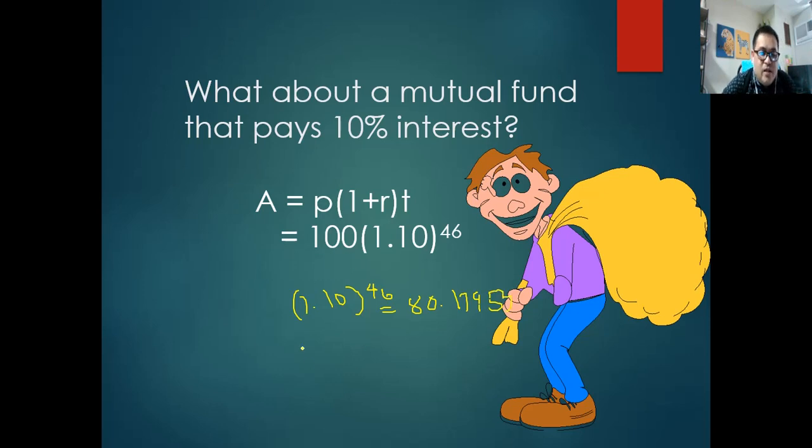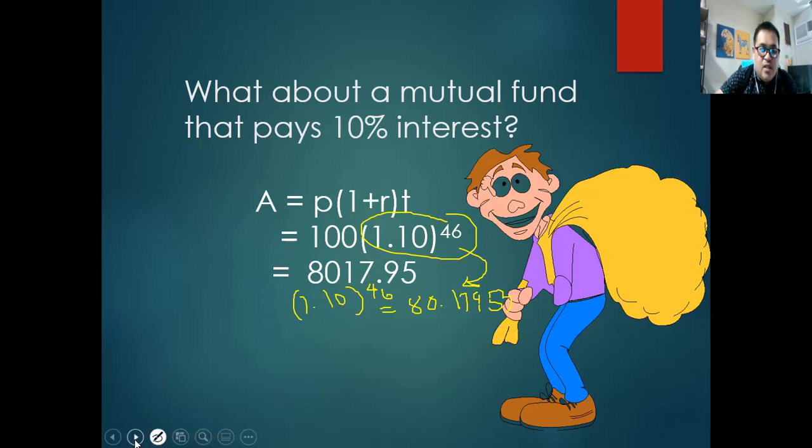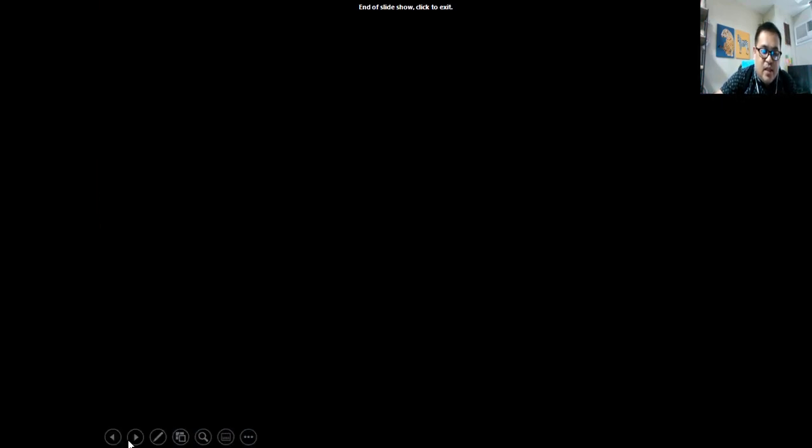Multiply this by 100. So the answer now is 8,017.95. Move 2 places, so by multiplying this by 100, we have 8,017.95. Okay, so that is now the balance.